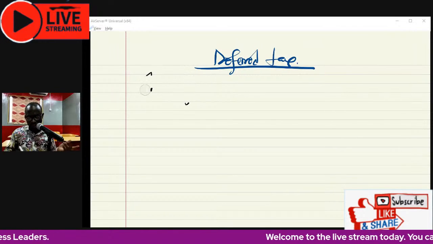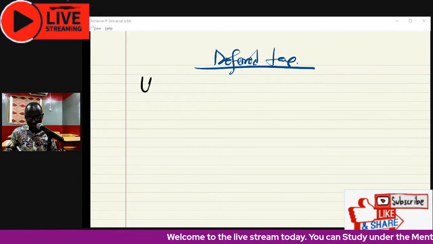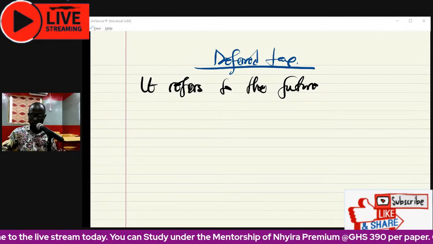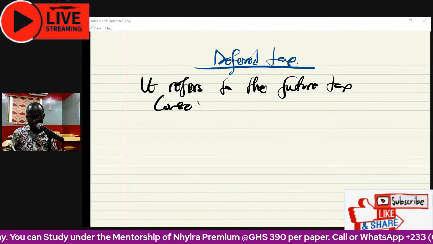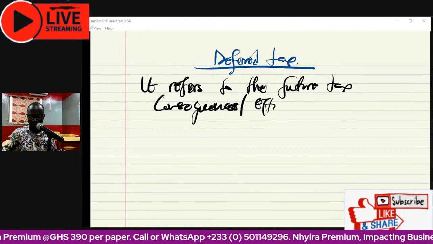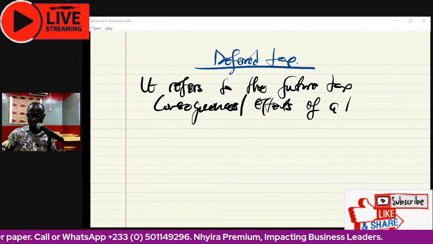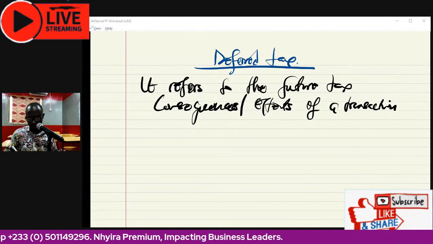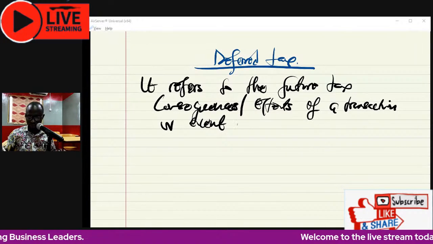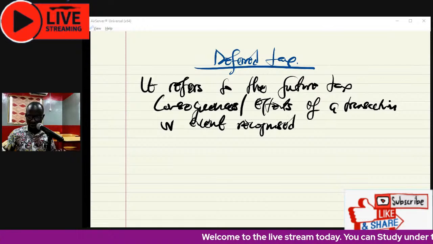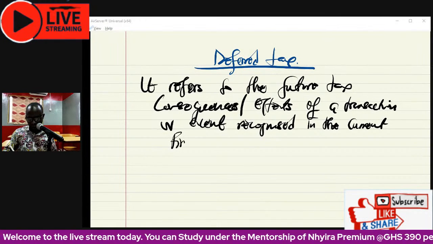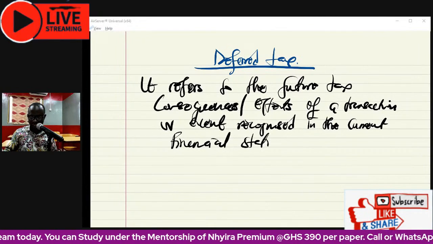I'm giving you my favorite KG2 definition. So it refers to the future tax consequences, or if you want, the future tax effects of a transaction or event recognized in the current financial statements.